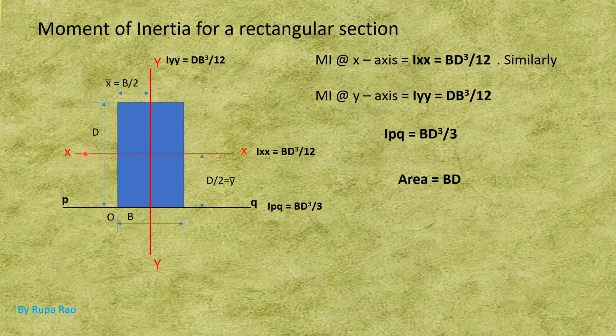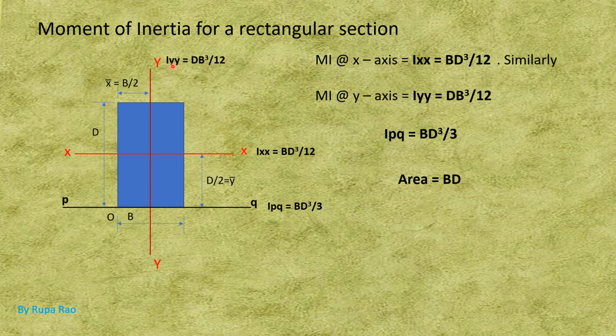If I want about the horizontal axis, then this horizontal dimension b comes once, and this vertical dimension d will come 3 times and divided by 12. If I want moment of inertia about this vertical axis yy, then this vertical dimension d will be coming first and only once, and this horizontal dimension b, from here to here, comes 3 times divided by 12.